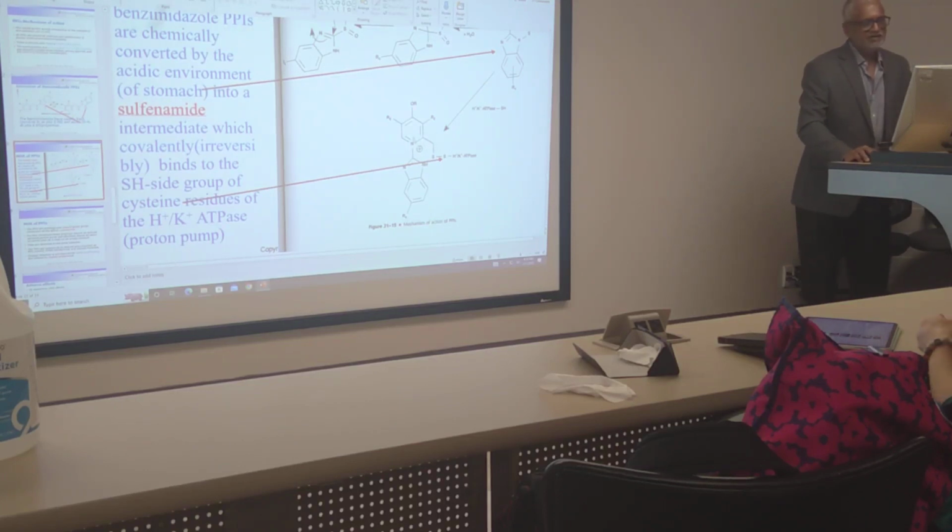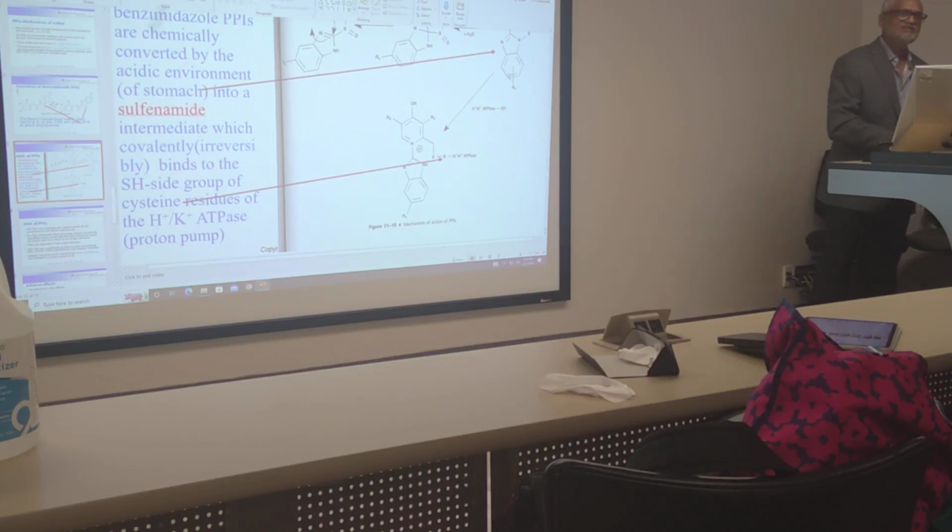Therefore, this ionization is important. That will make the sulfenamide, which can bind to the cysteine sulfhydryl groups of the enzyme.